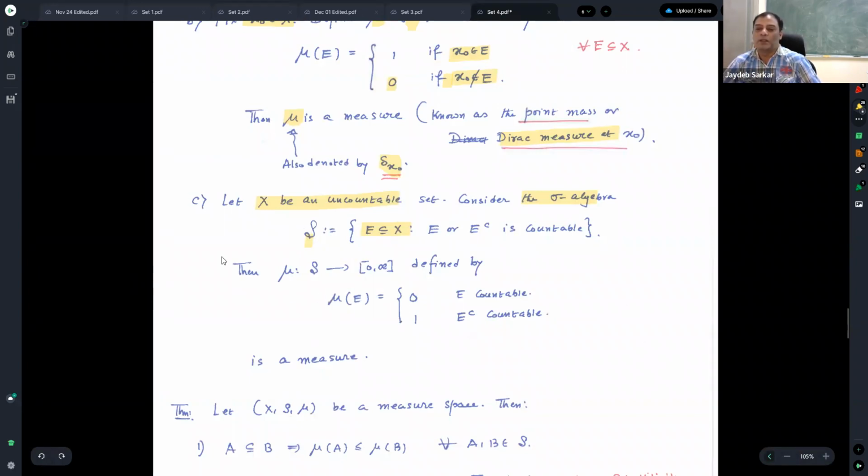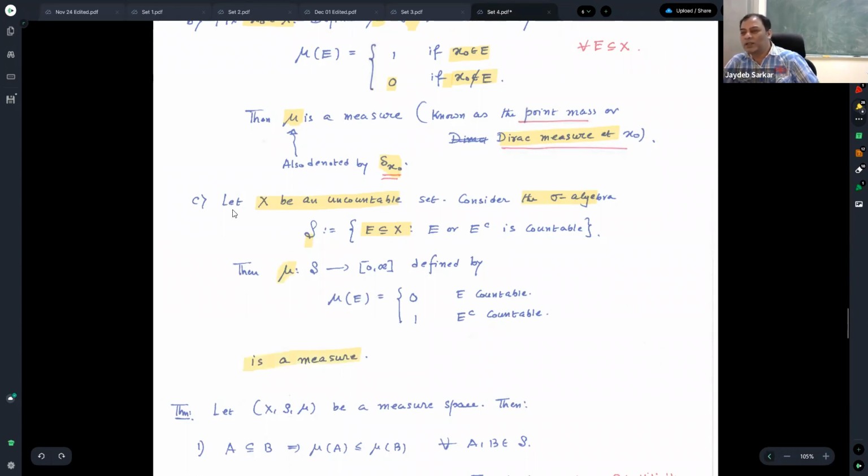Yeah. So in this setting, you define your mu from S to [0, infinity], S is over here, as follows. Mu of E is 0 if E is countable, and mu of E is 1 if E complement is countable. Okay, and I ask you to prove this is a measure.